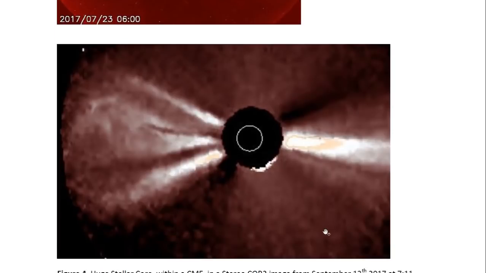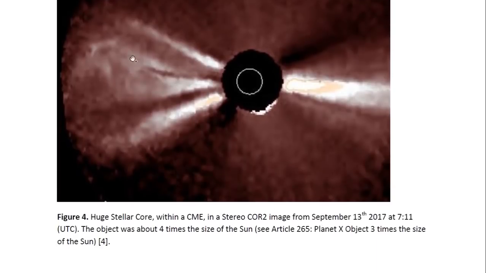This one is even larger. This one was about 4 times the size of the Sun. I first estimated it to be at least 3 times the size of the Sun, but it turned out to be 4 times. You may look at article 265 for details on that. And you can see that this object is enveloped in coronal plasma, in plasma that seems to have come off the Sun.